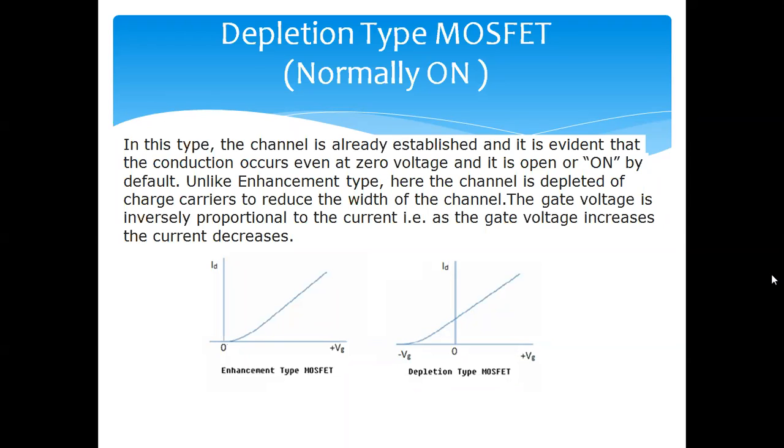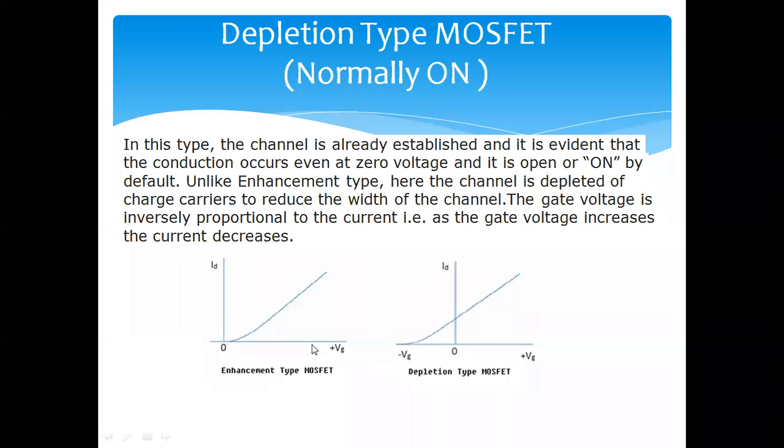You can see the VI characteristics of the depletion type MOSFET as well as the enhancement type MOSFET. In depletion type, at zero voltage there is some value of ID current. But in enhancement type, at zero voltage, current is also zero.